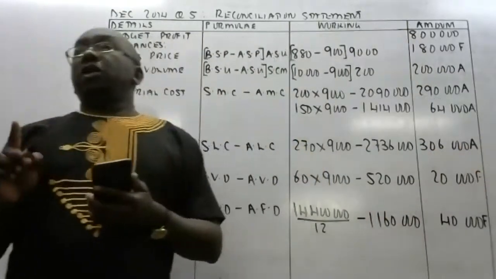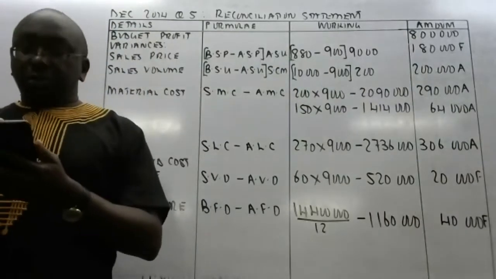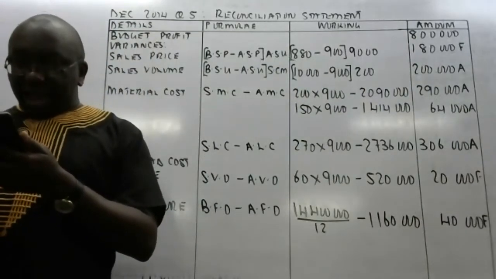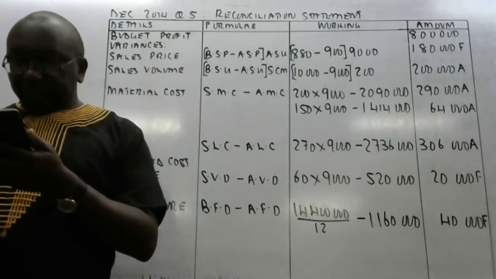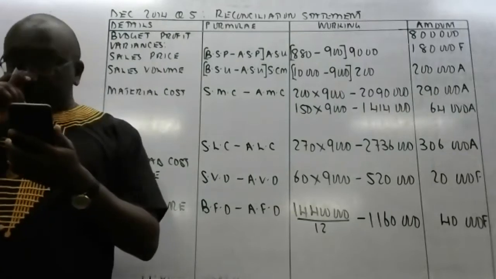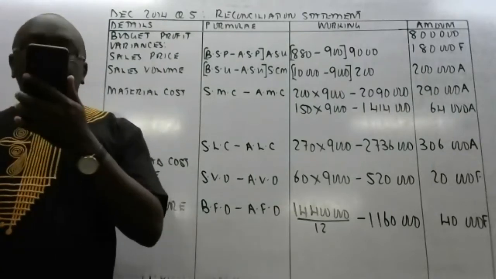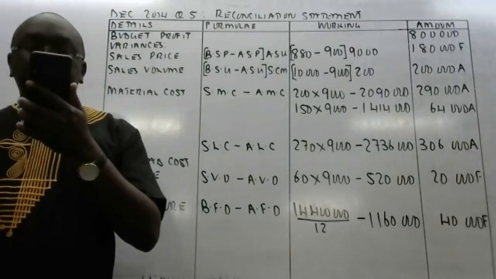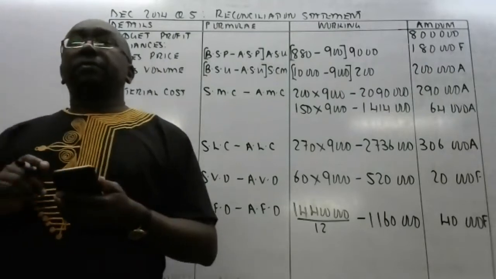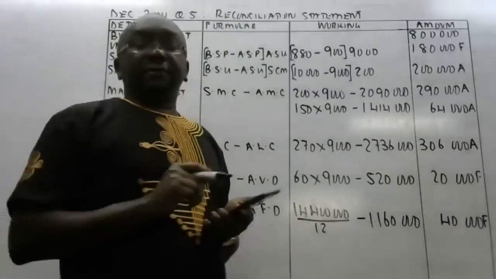Now the other one, which we have called volume, I have told you it is only computed if there are what? If there are stocks. So do you think this question has stocks? According to information 5, do we have stocks?